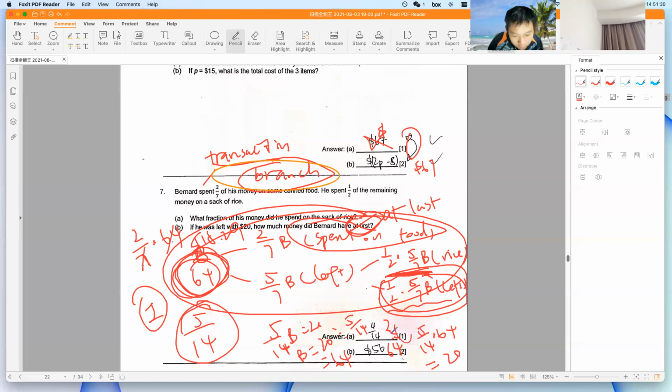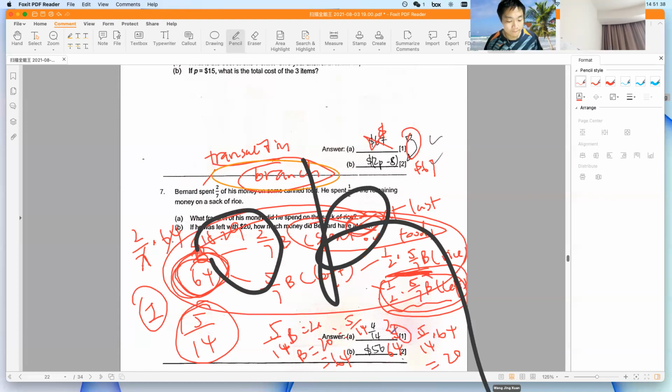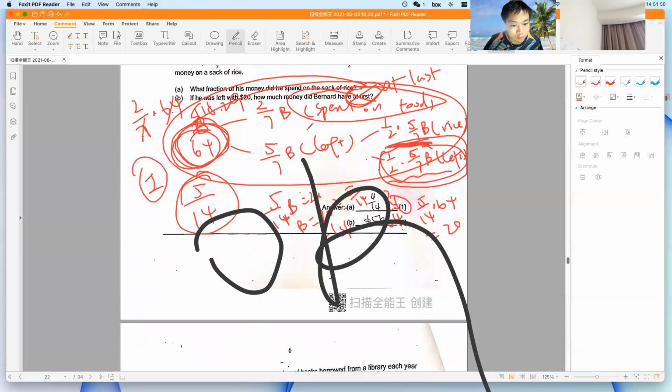Better than 0. Okay? So I really want you to play safe. The safest way to guarantee marks is to use the branch method, use the table method. And somehow it helps you. It gives you a very clear overview. This is the clear overview of the question.